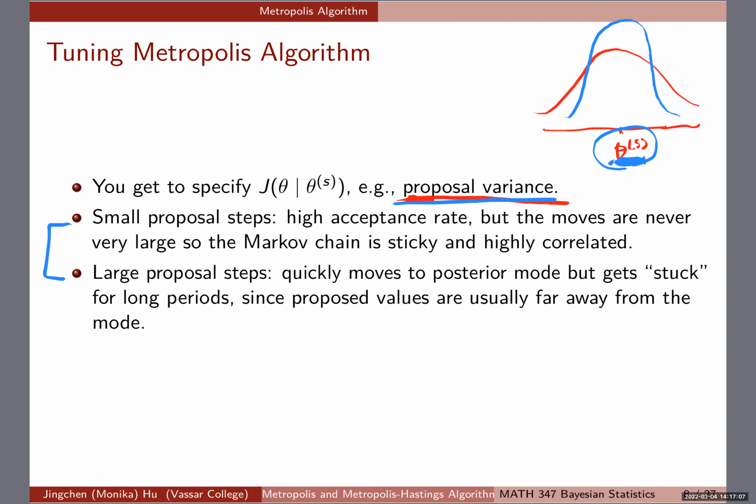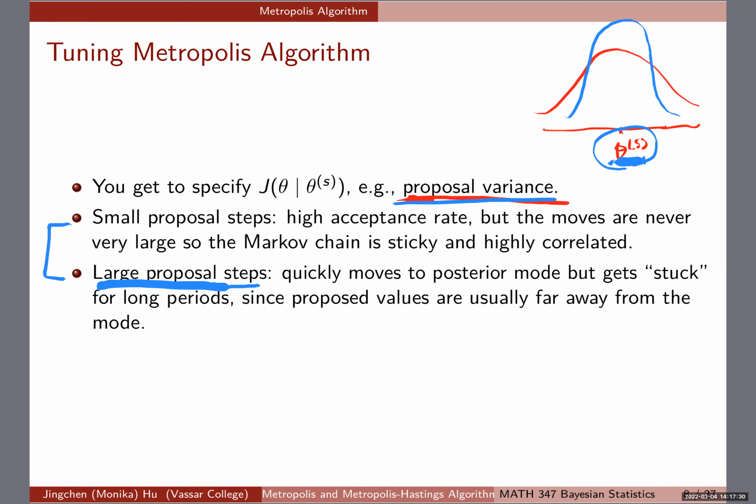On the other hand, if you use larger proposal steps, you will move around the sample space pretty quickly because you have a big change from your current draw. It could help you move quickly to the posterior mode, but it could also make it really hard to explore the space widely enough.